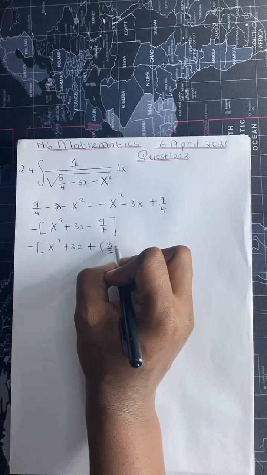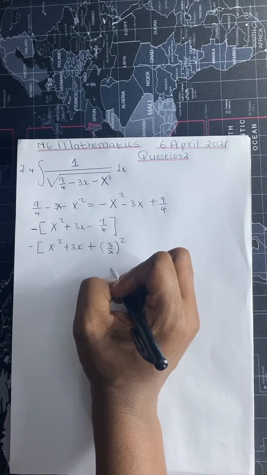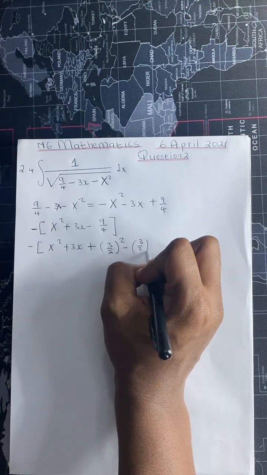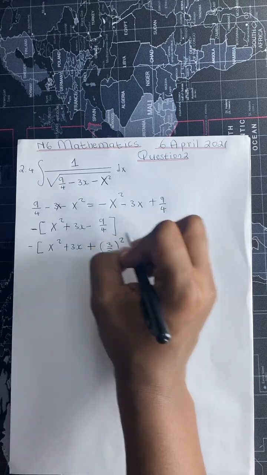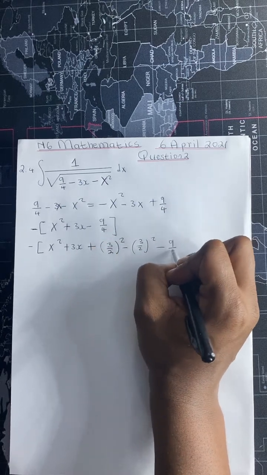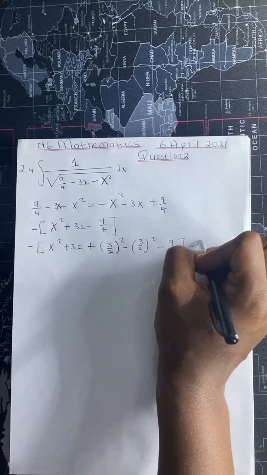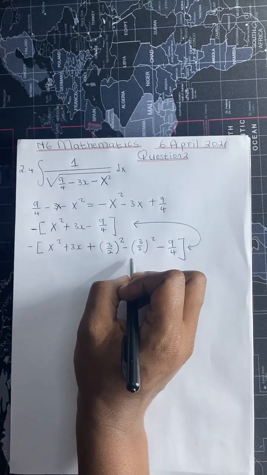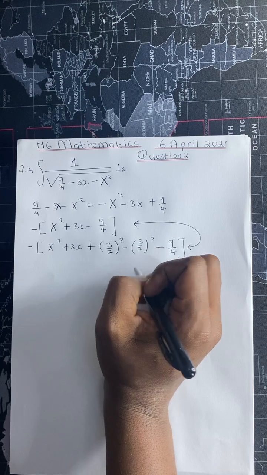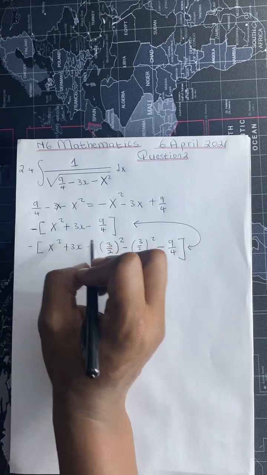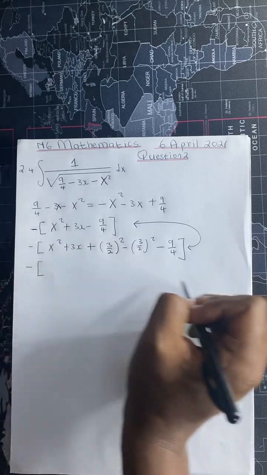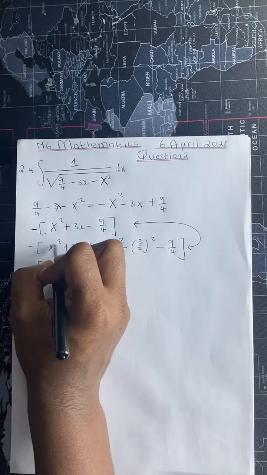We have to divide it by 2, and we have to square the whole thing, and we have to subtract this whole thing by itself, minus 9 over 4. So this expression is just the same as that one. So 3 over 2 squared minus 3 over 2 squared is equal to 0. So we didn't change that expression, we just added a 0 to it. The other rule is that we have x squared here.